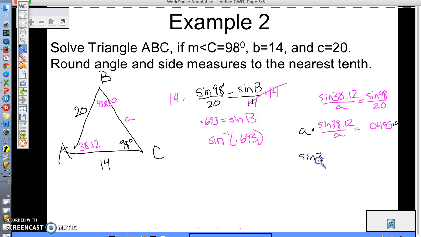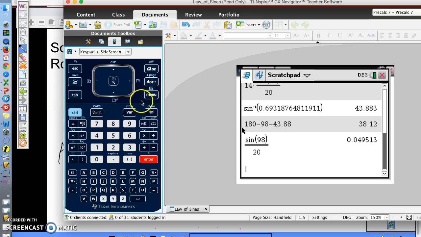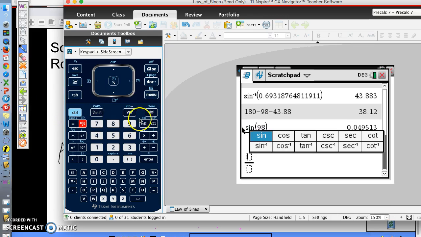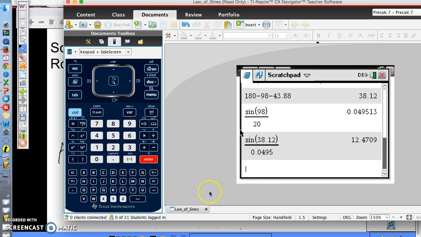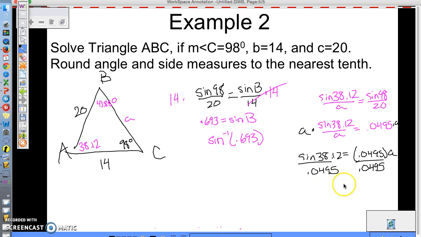So the sine of 38.12 equals 0.0495 times a. Divide by that. Sine of 38.12 divided by 0.0495, 12.47. And we've solved this triangle.